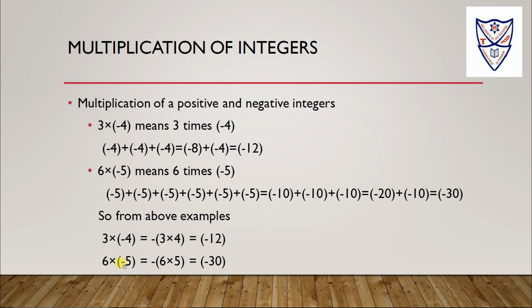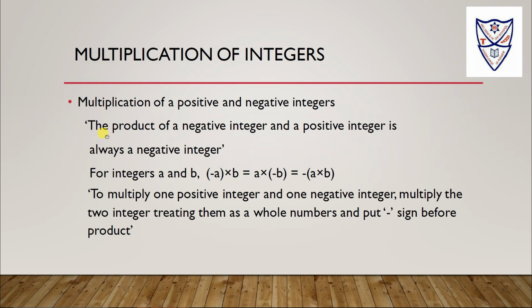Same as 6 multiplied by minus 5 is equal to minus of 6 multiplied by 5, which is equal to minus 30. So from that we have learned that the product of a negative integer and a positive integer is always a negative integer. For any integers a and b, a multiplied by minus b is same as minus in the bracket a multiplied by b.